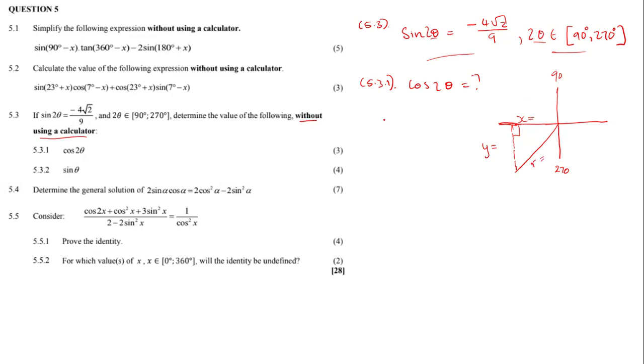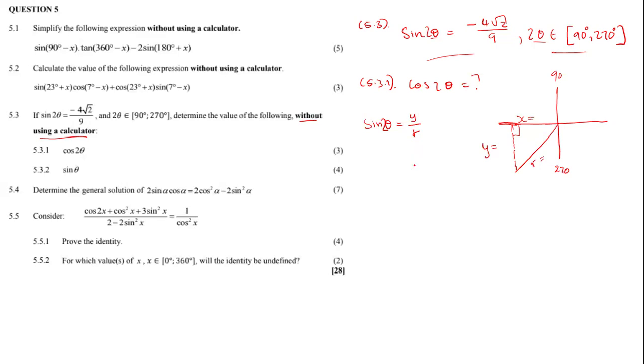So making use of this information once more, recall that we are given sine 2 theta is equal to that. But if you do recall, sine is given by what in terms of x, y, and r? We know that it is given by y over r.